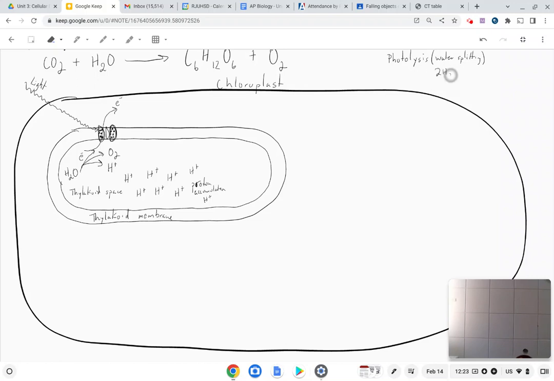We're going to say that 2 water molecules will yield 1 oxygen atom, 4 protons, and 4 electrons. And so this right here is also shown right here. It's the water splitting.